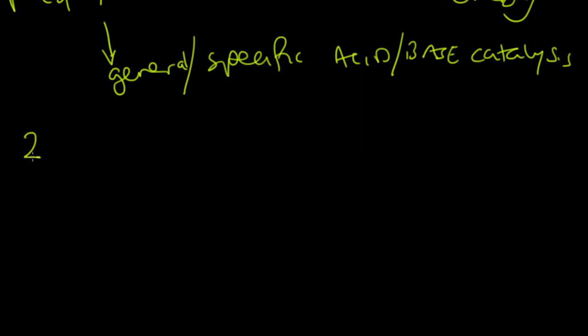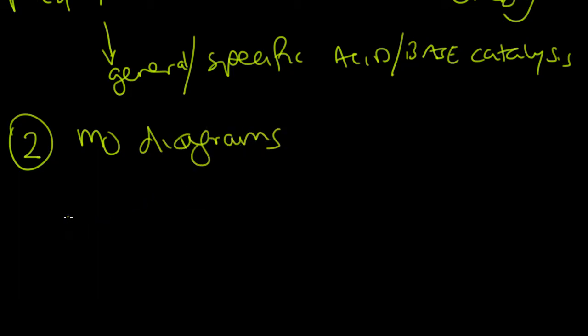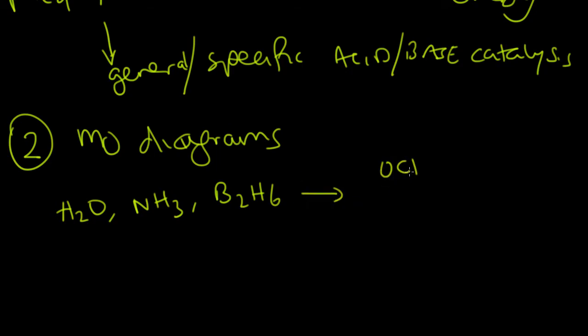We're also going to be covering MO diagrams. Now, MO diagrams are taught at the basic fundamental level, but they're not actually developed beyond a certain point. So we're going to be discussing how we build MO diagrams primarily for water, ammonia, the dimer of BH3, which is B2H6, and we're also going to then take it on towards octahedral systems.